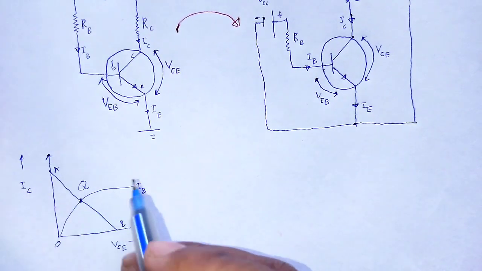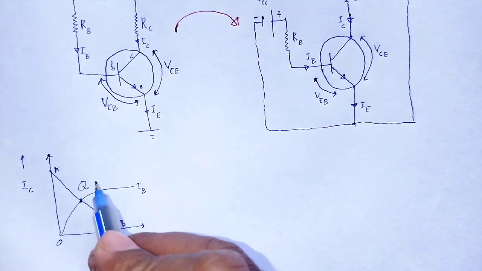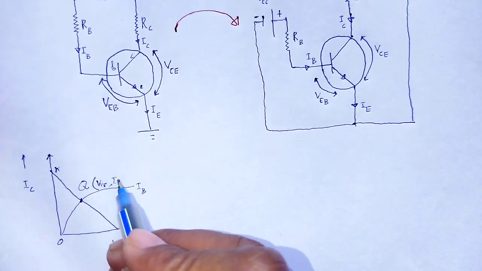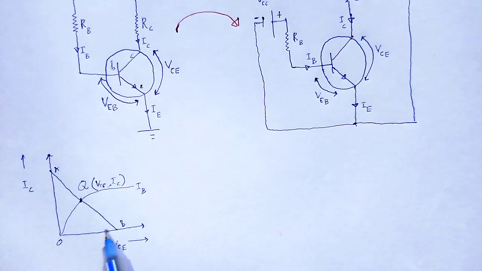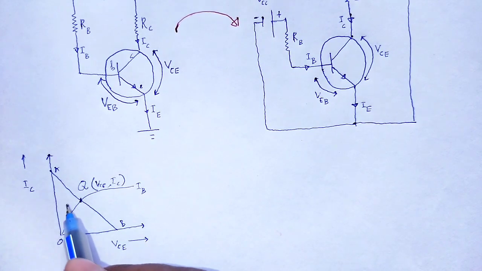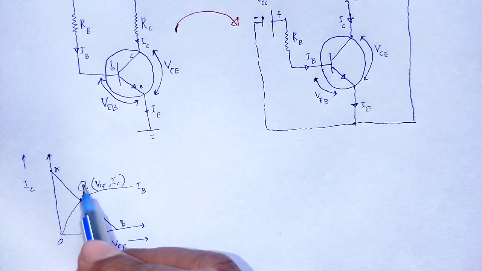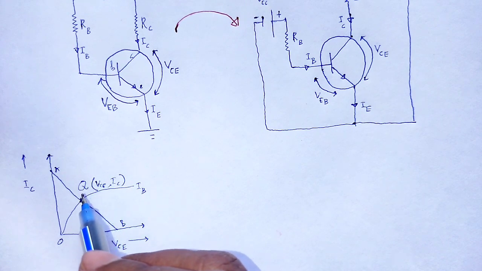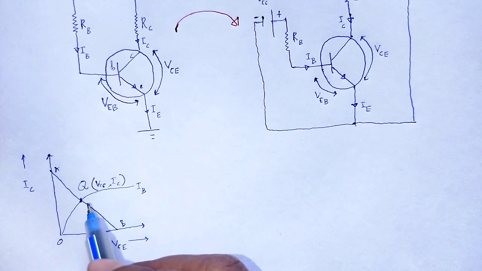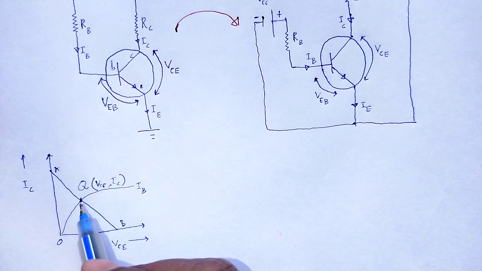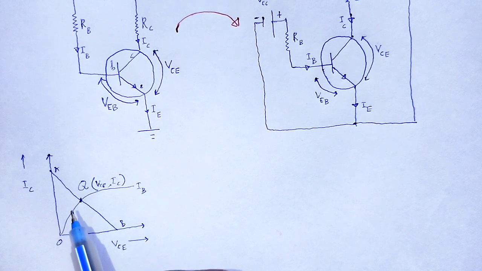So the coordinates of that Q point are VCE and IC. The values of VCE and IC decide what will be the exact point, the operating point or Q point. If that is fixed, then the transistor is said to be properly biased. If that is not, then we call the transistor not properly biased.